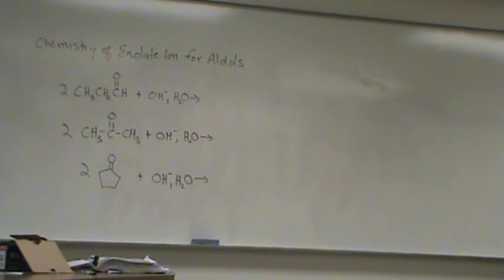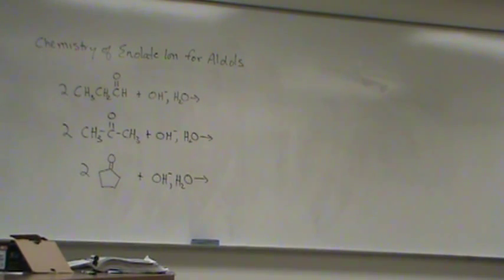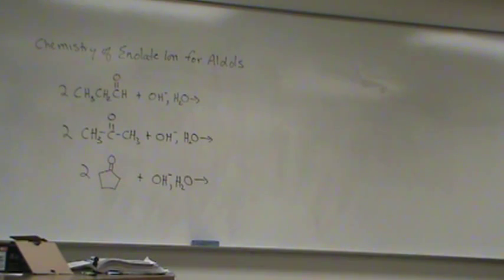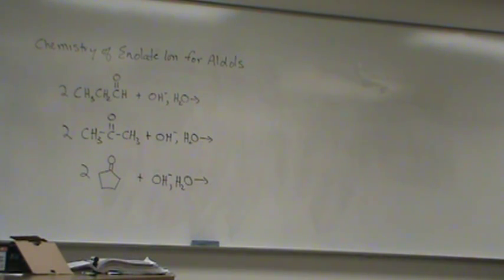Is going to do what? I do the resonance first. You're going to lose one of these, which turns this into H2. This is going to move in, which gives you the enolate ion CH3 dash C minus. So that carbon right here is the one that attaches to the electrophile carbon.